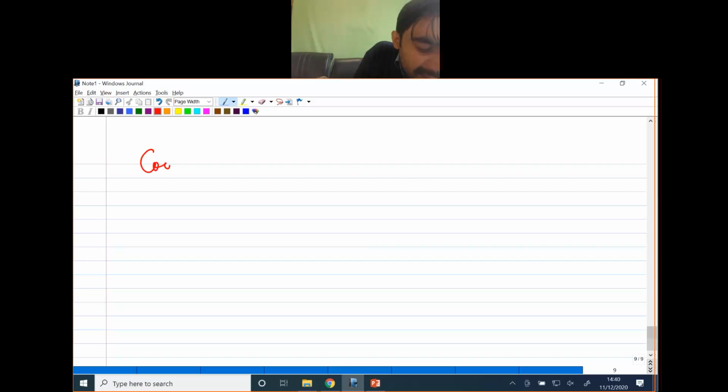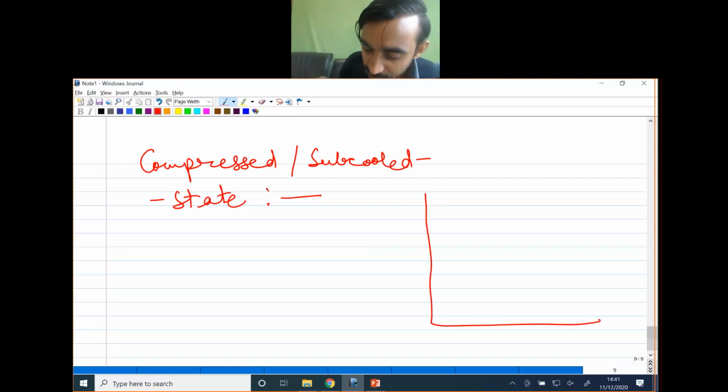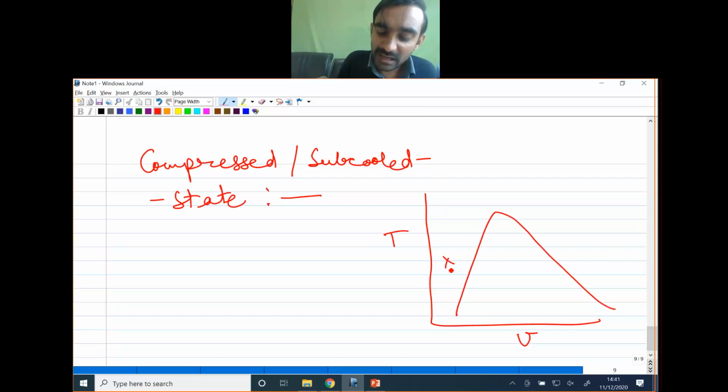Now let us take another state, the compressed, or I can also call it the subcooled state. For the compressed or subcooled state, if I show it on a TV diagram, any thermodynamic state on the left of the saturation liquid line we call our compressed state.